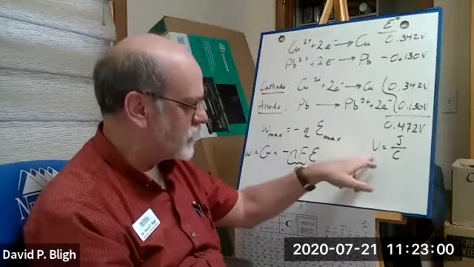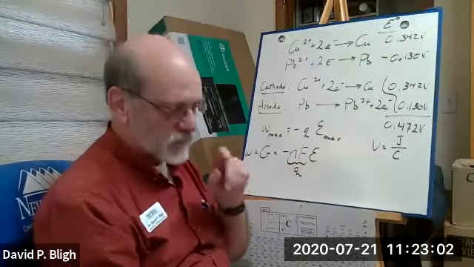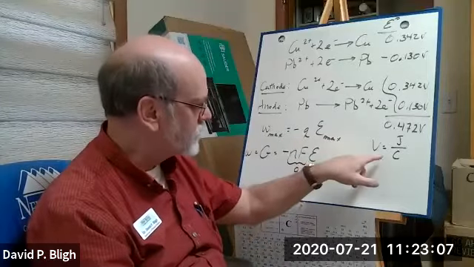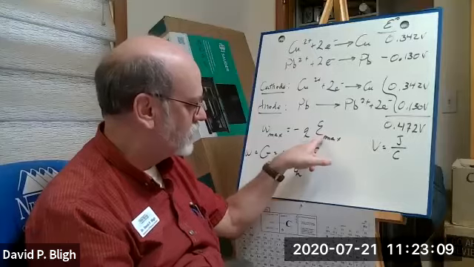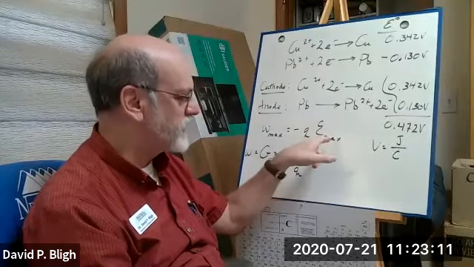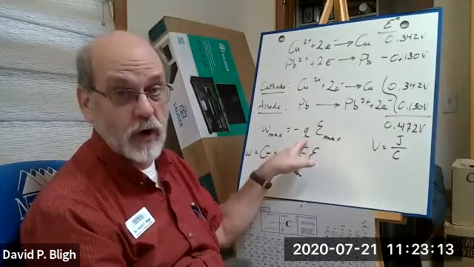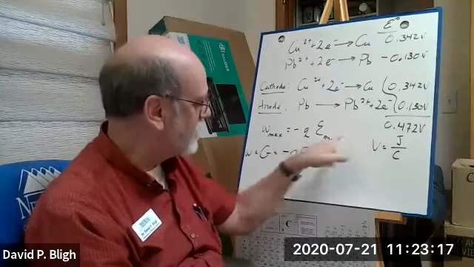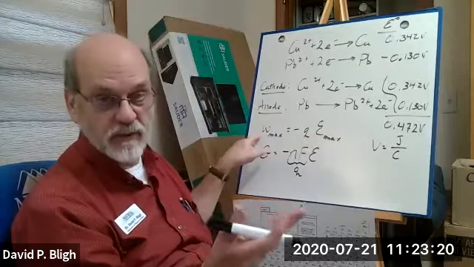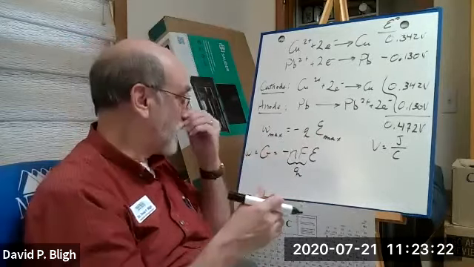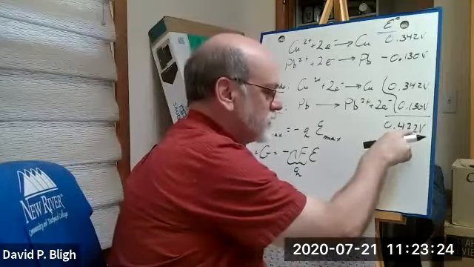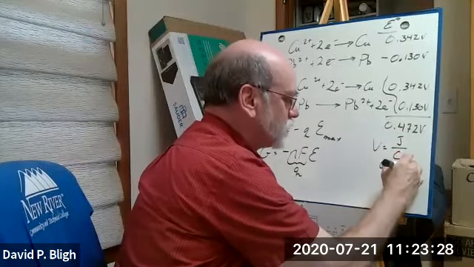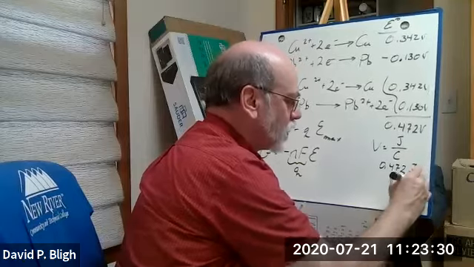We need that because if you insert this voltage in here and just put it in as volts, nothing cancels out of charge. But charge in coulombs will cancel that part and leave you with joules, which is the unit of measure for work. So this value here is also 0.472 joules per coulomb.